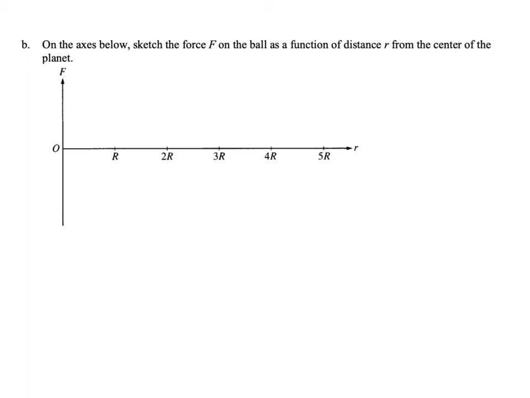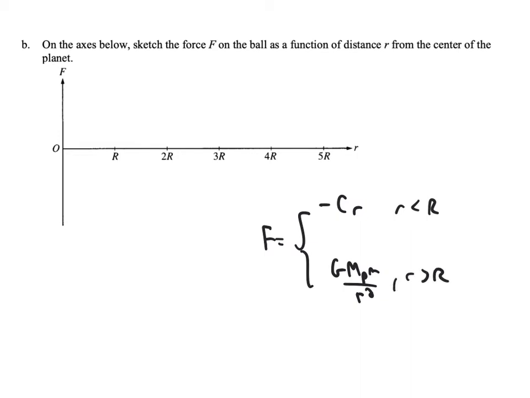When we're inside the planet, we have the one they just told us, minus Cr, for r less than R. And when we're outside the planet, we have something like G times the mass of the planet times little m over r squared, for r bigger than R. We can clean this up a bit, because the mass of the planet would be rho times the volume of the planet, so rho times 4/3 pi R cubed.